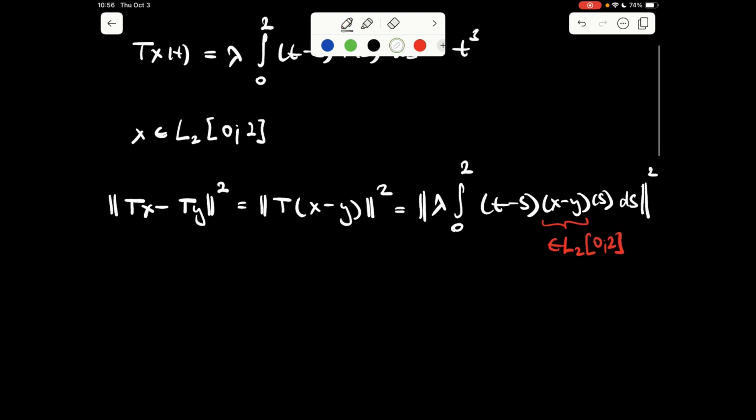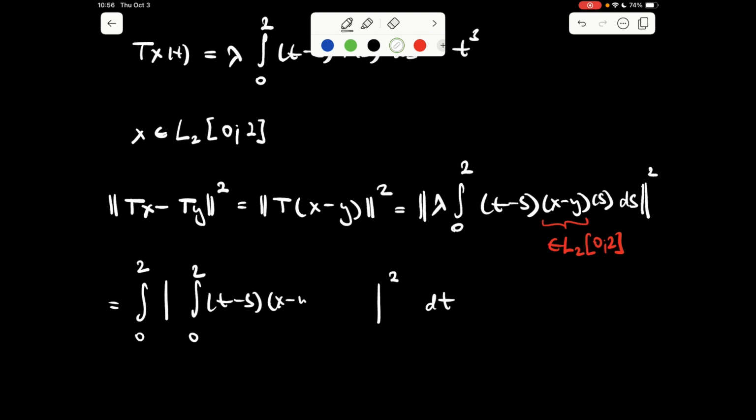Okay, so we take the norm. The norm is square integral. So we put the integral operator inside the absolute value. Note that this is a function in s.